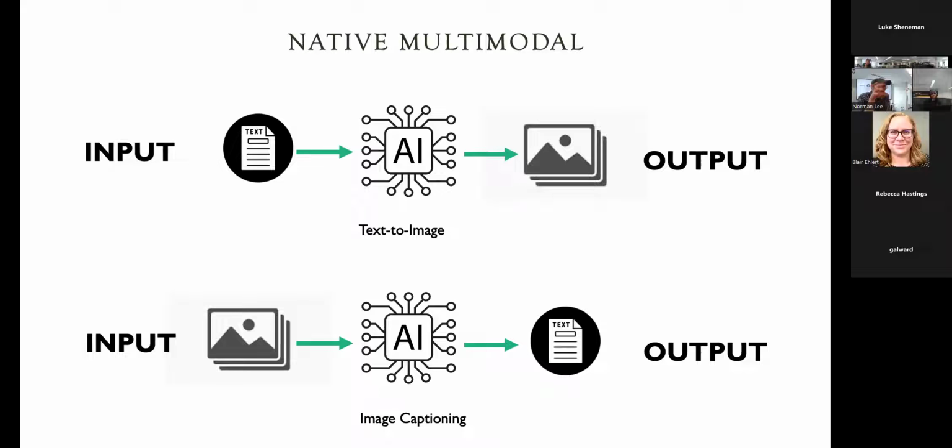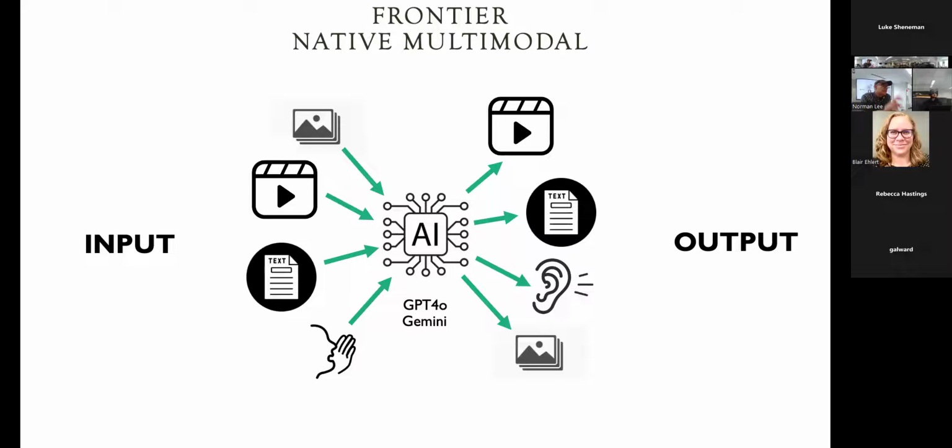But then there's native multimodal models, right? Where you input one thing like text and you get as output something else like an image or a video. So text to image would be one way, and the reverse of that would be like image captioning. But the frontier right now, what's really interesting and what all the big AI companies are working on, are native multimodality with lots of modalities, right?